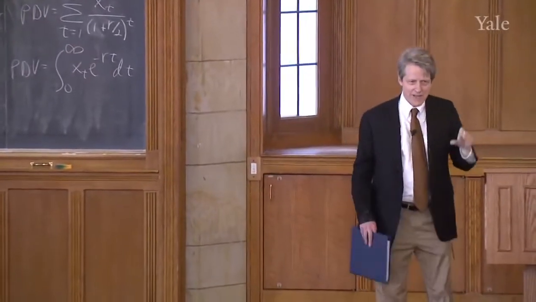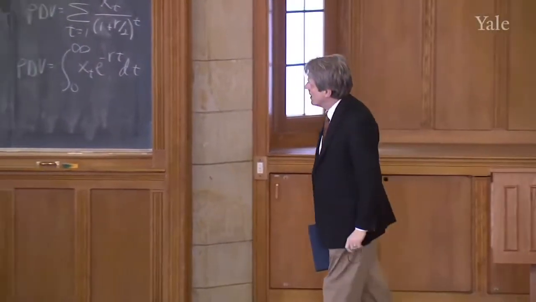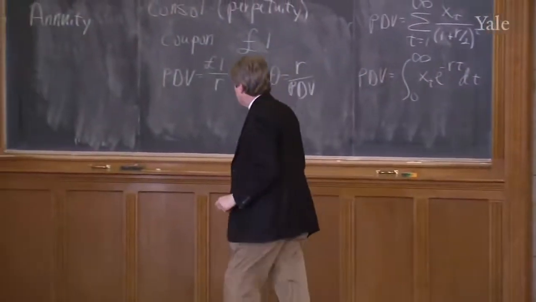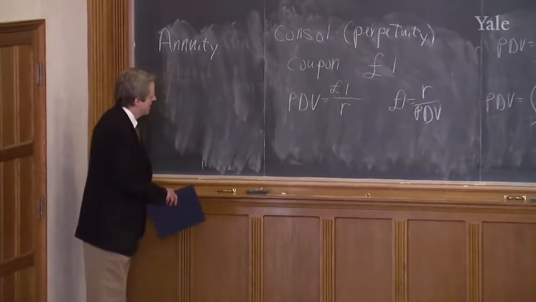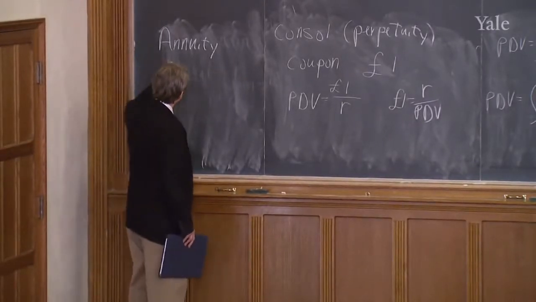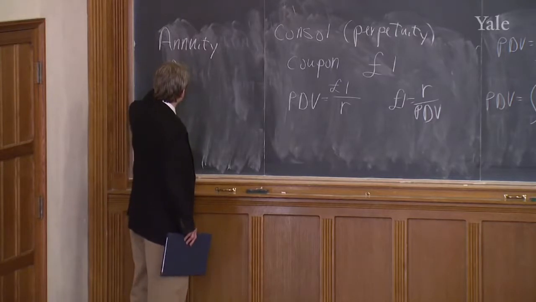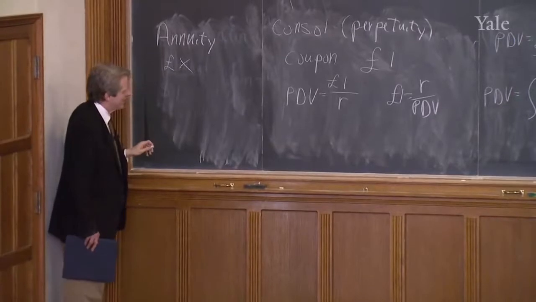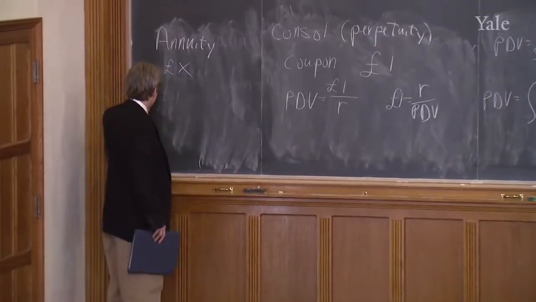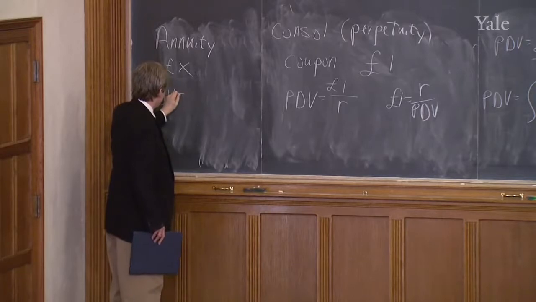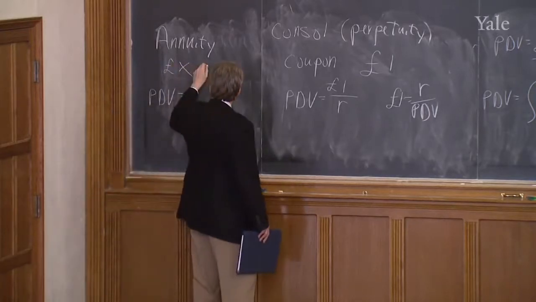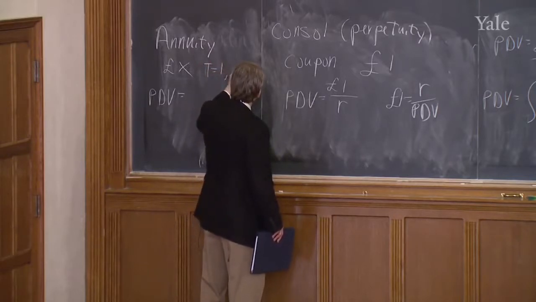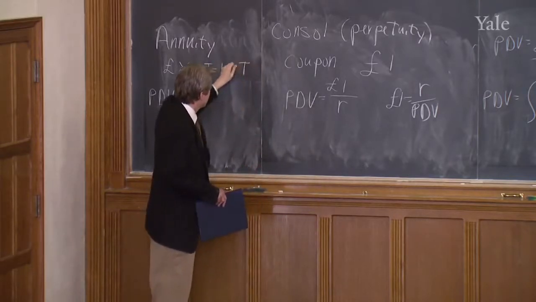An annuity pays a fixed payment each period until the maturity. So let's say it pays X pounds every year, from t equals 1 to capital T, and then it stops.